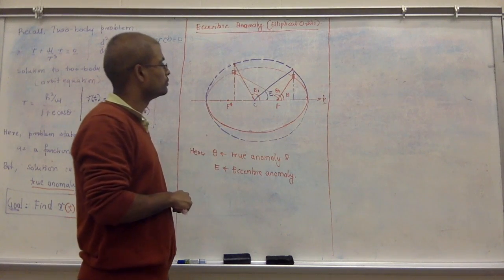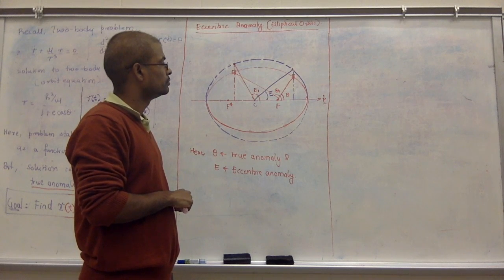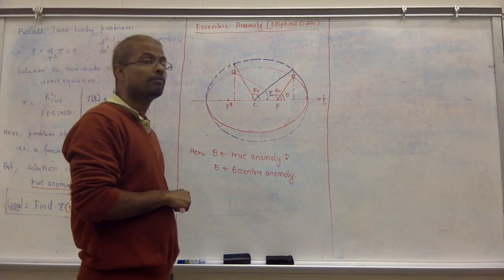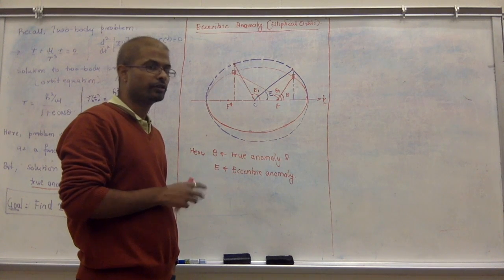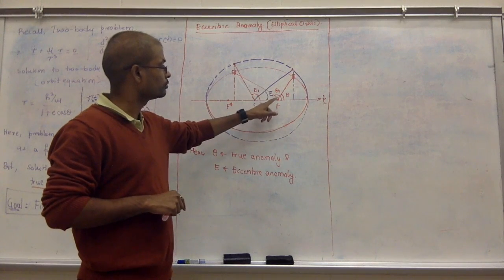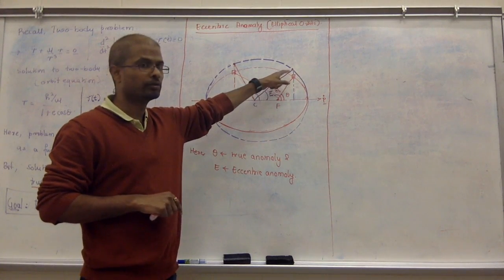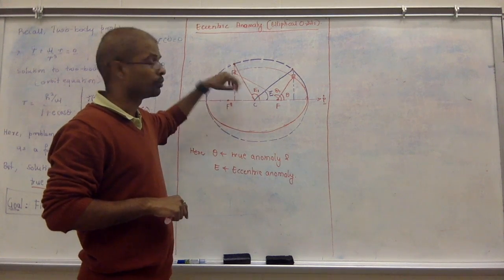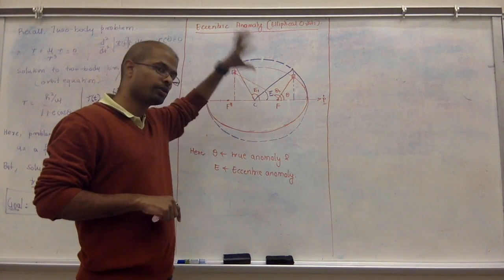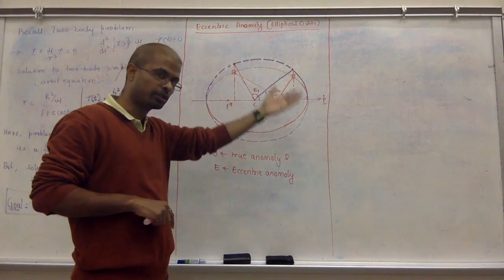Eccentric anomaly is from the center to the projection of the position of the orbiting body on the circumscribed circle.